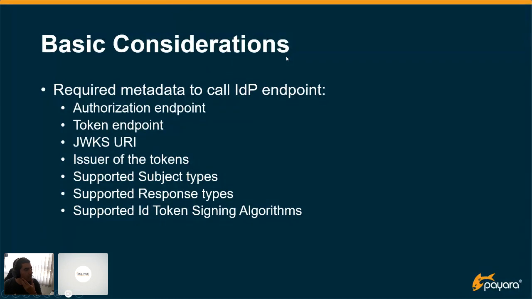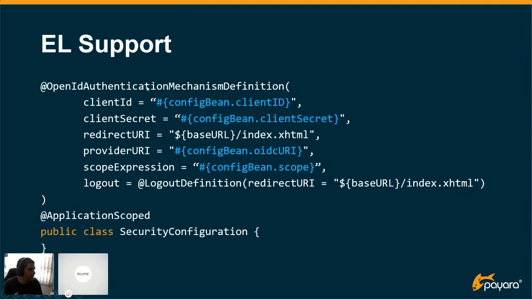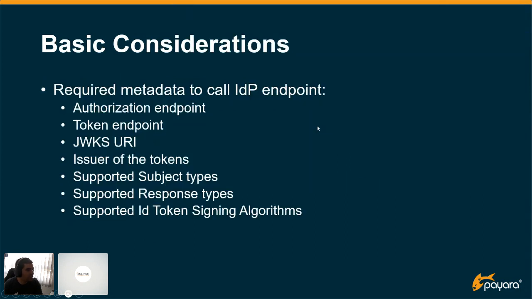So what is the basic metadata that you have to configure for the identity provider endpoint? This is mandated by the specification. You have to provide the authorization endpoint, the token endpoint, the JWKS URI. But again, all of these details are not configured in here. They are configured through the provider URI that will have all of that information.